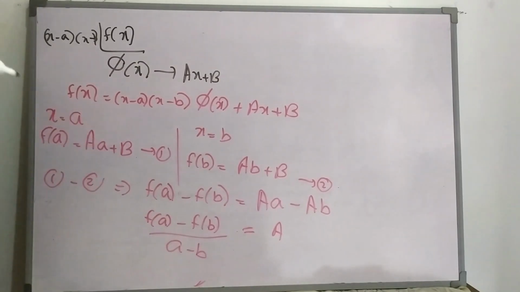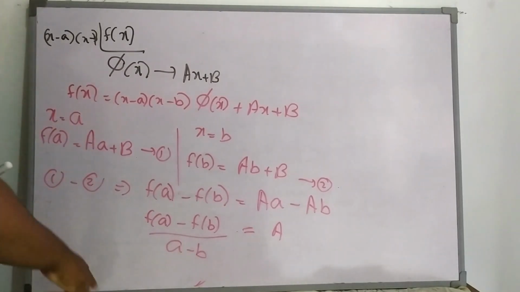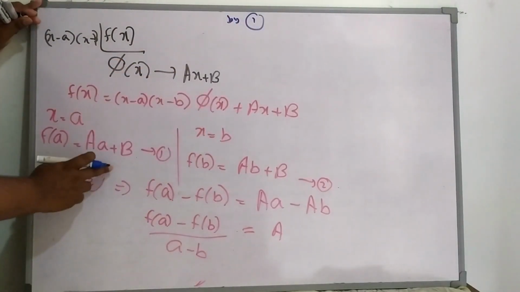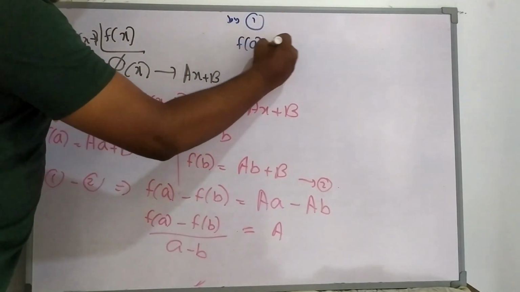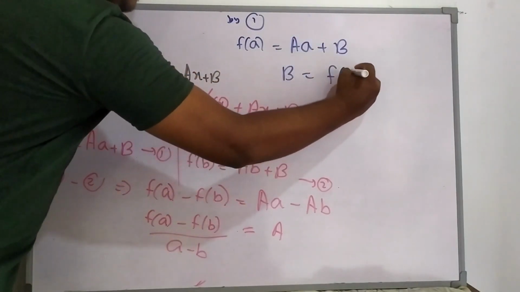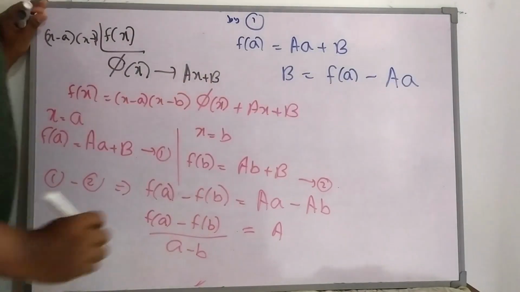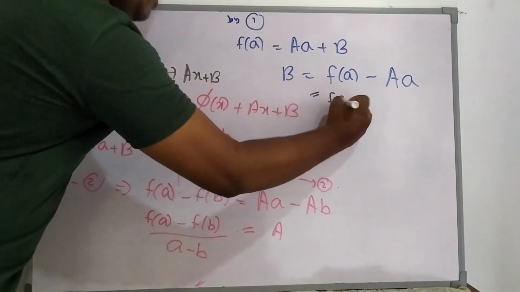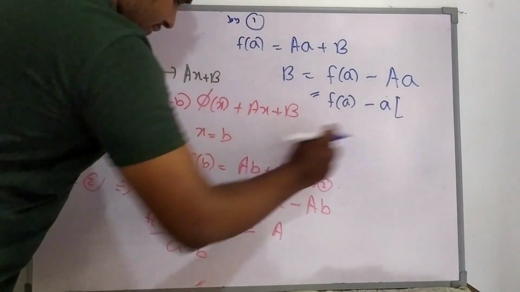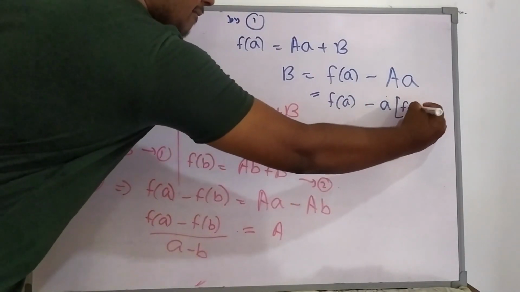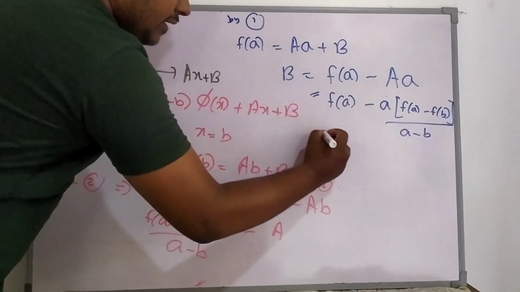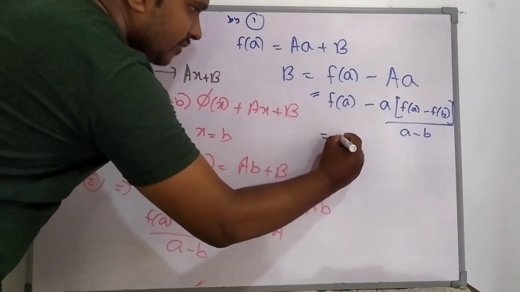This is my capital A, so we have to find capital B as well. From equation 1, which is f(a) equals Aa plus B, capital B equals f(a) minus capital A times a, which is f(a) minus a(f(a) minus f(b)) over (a minus b), and take a common denominator.